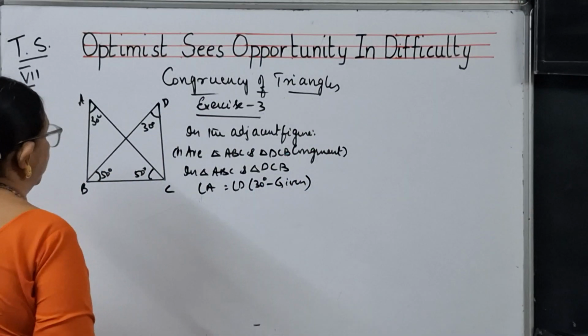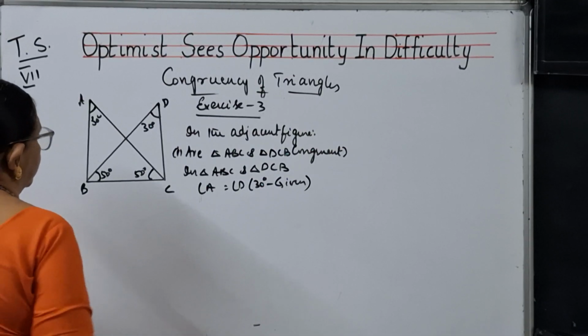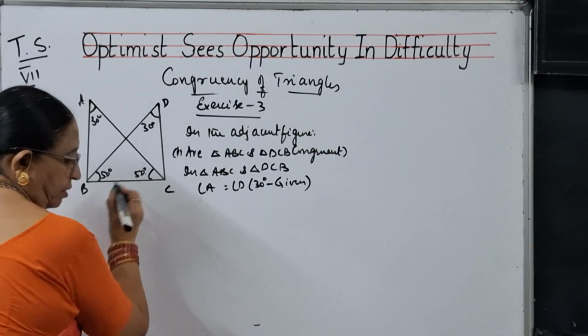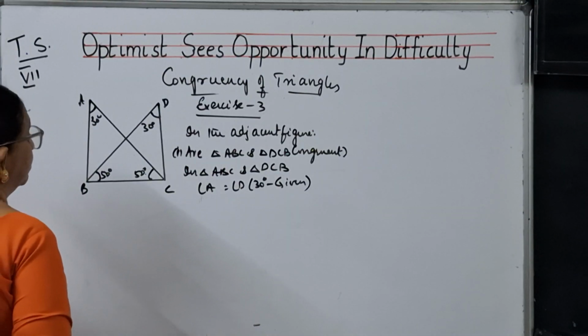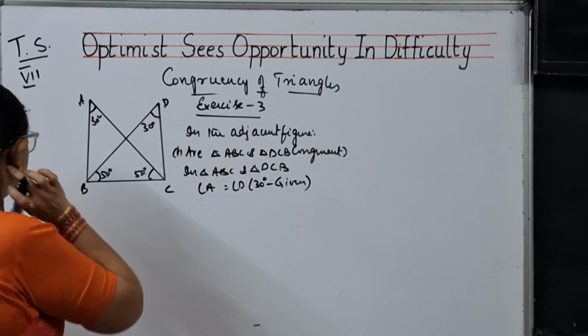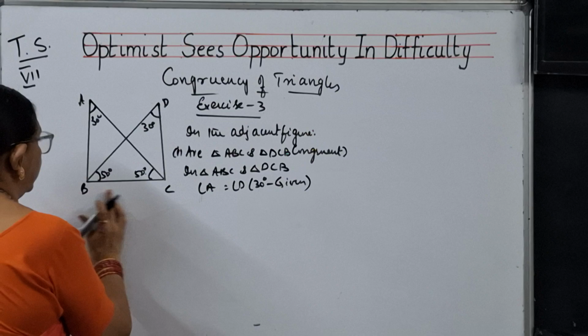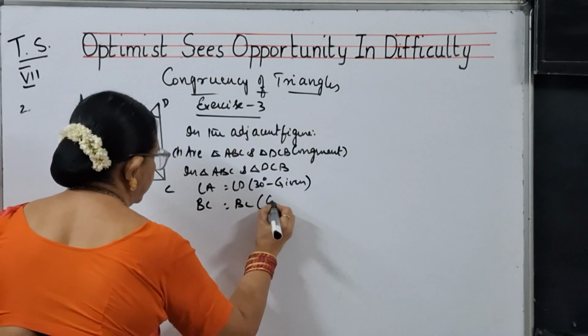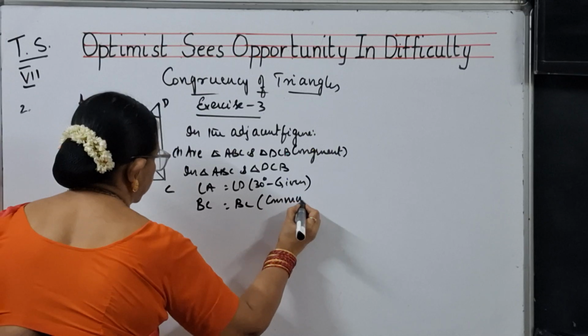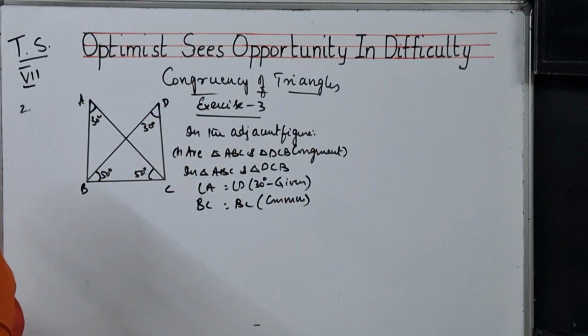Then what else can you take? See, these two are 50 degrees they have given, and nothing else is given to us. But you can say side BC is equal to BC, it is common.